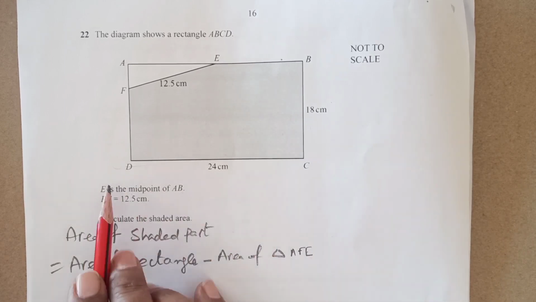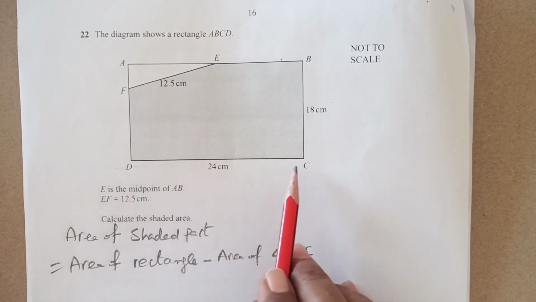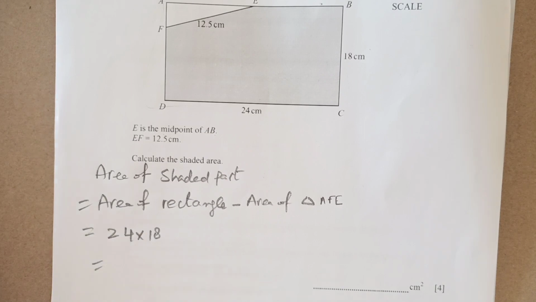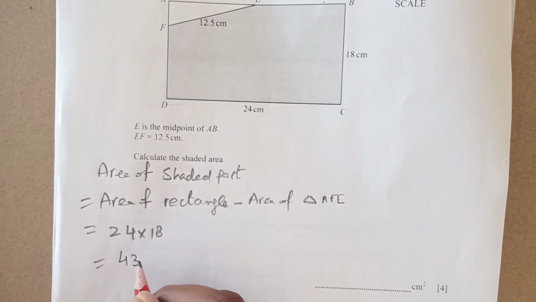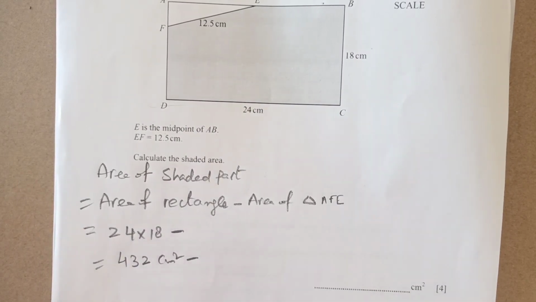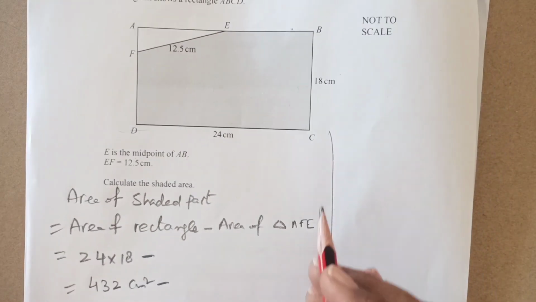So the area of this is easy. The rectangle one is 24 times 18. 24 times 18 is 432 centimeters squared. Minus, we need the area of triangle AEF.